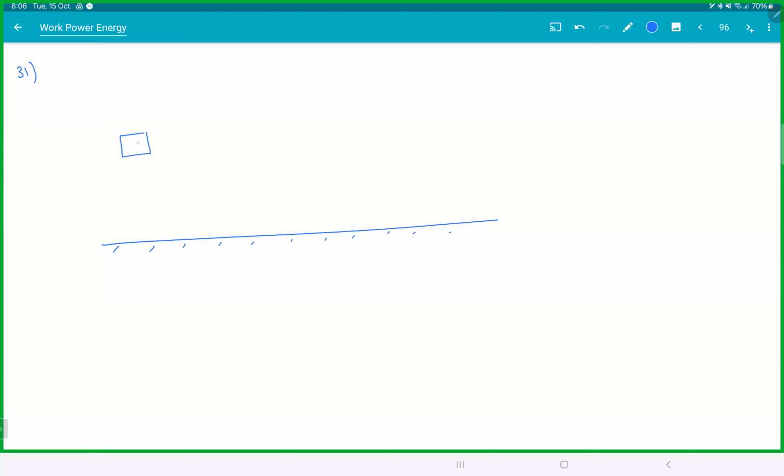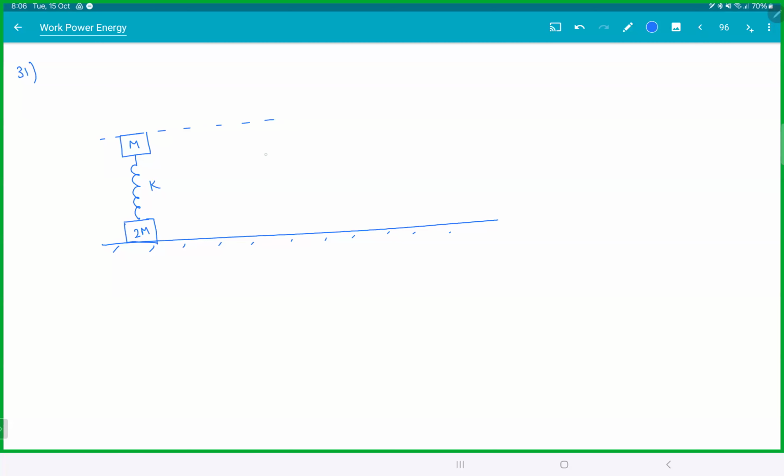We have a block here, mass M, connected to another block of mass 2m. Spring constant is K. This is the scenario.